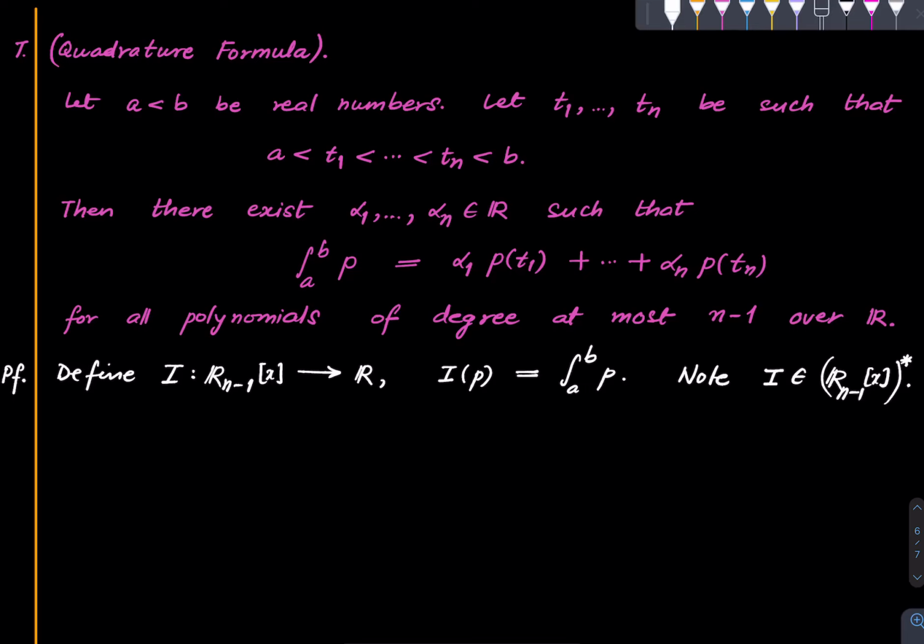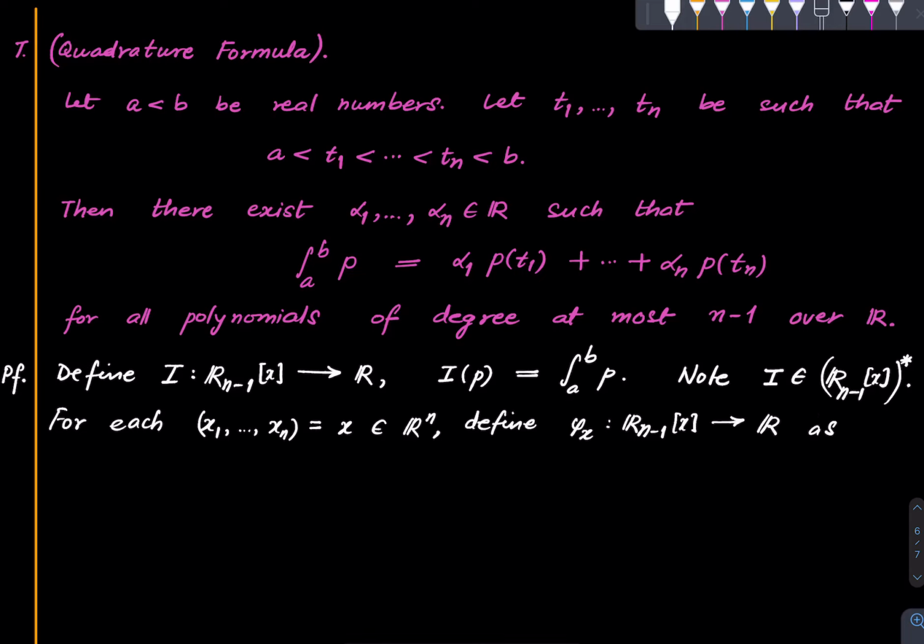Okay. Also, for each x in R^n, define a map phi sub x, again from the space of all polynomials of degree at most n minus 1 to R, as phi x of p is x1 p(t1) plus dot dot dot xn p(tn).